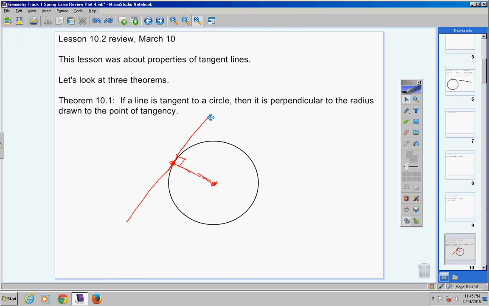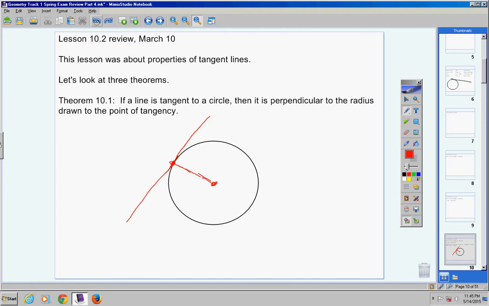So if I have a tangent line and a radius drawn to that point of intersection right there, the point of tangency, then these two lines are perpendicular. They form a right angle. Understand that, because I could give you some problems like this.